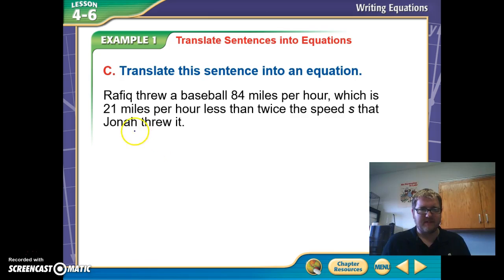For example C, we have Rafiq throwing a baseball at 84 miles per hour, which is 21 miles per hour less than twice the speed s that Jonah threw it. So this one is a little more complicated. We have to figure out what we're talking about here. We have the speed s that Jonah throws the ball, and we're talking about twice the speed.